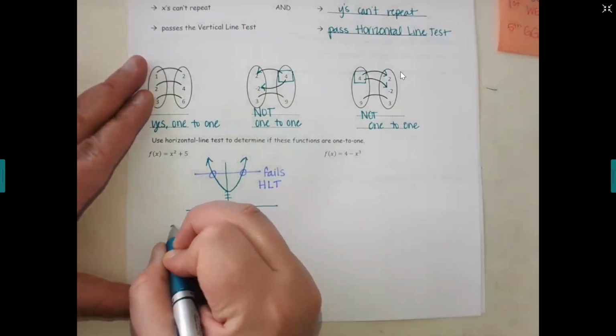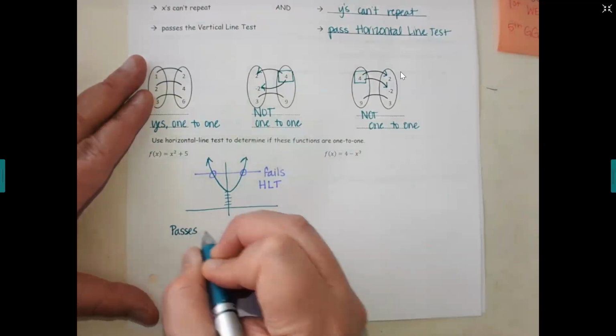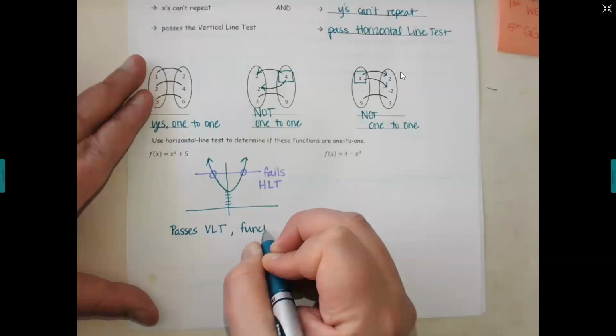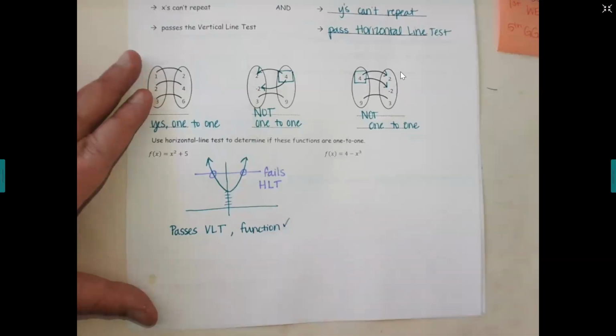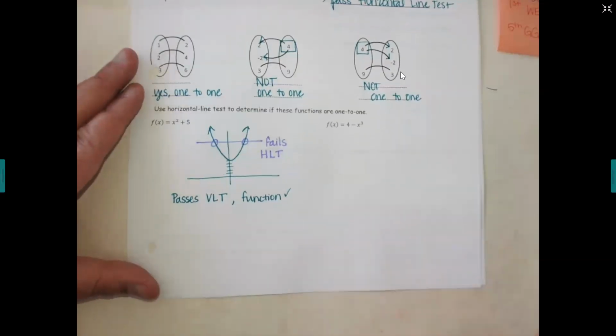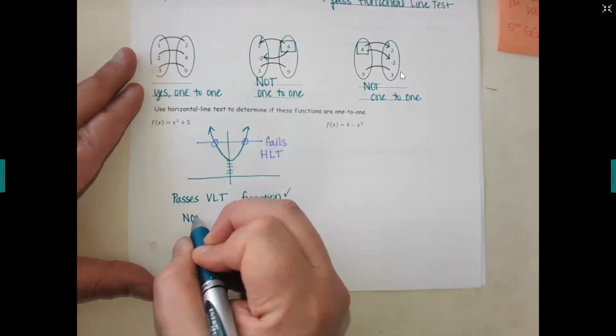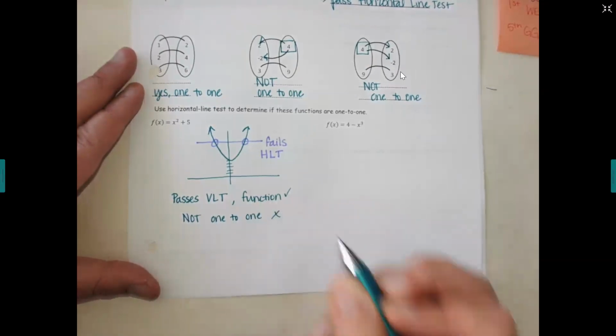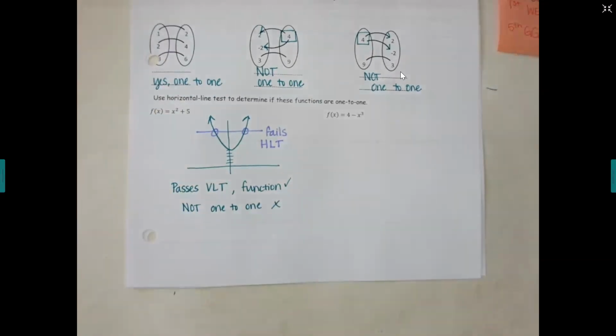So I'm going to put that it passes the VLT, which means that it's a function. Check. But because it fails the HLT, it is not a one-to-one function. So VLT makes it a function, HLT makes it one-to-one.